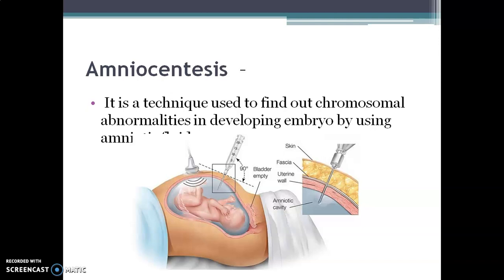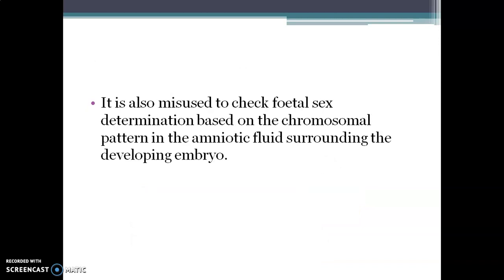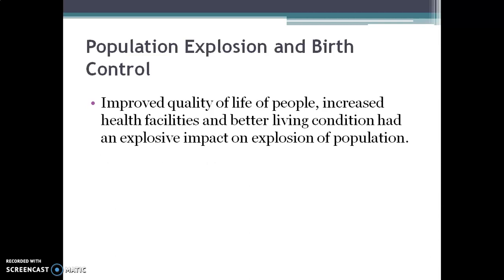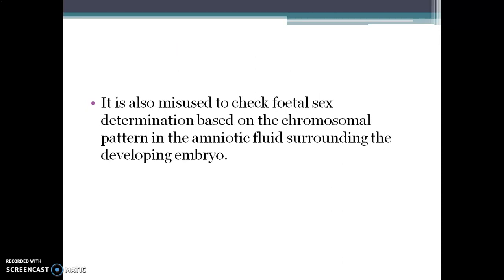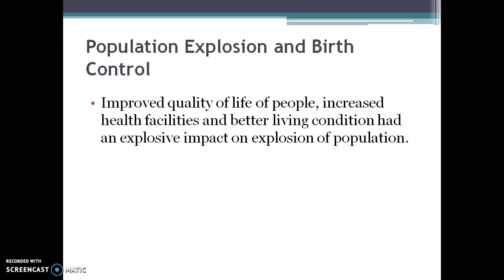It's a technique used to find out chromosomal abnormalities in the developing embryo by using amniotic fluid. But it is misused for fetal sex determination based on the chromosomal patterns in the amniotic fluid surrounding the developing embryo. But this amniocentesis is banned in India, but it is used in many parts of the world.